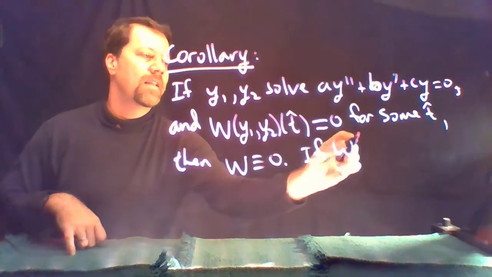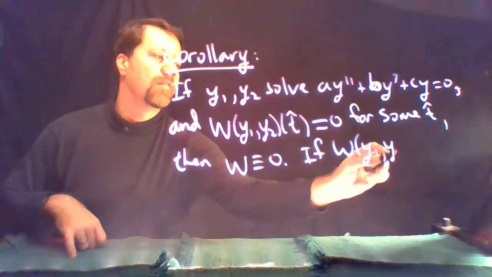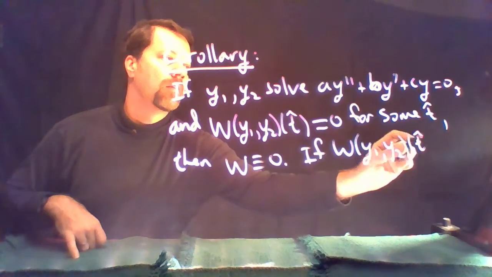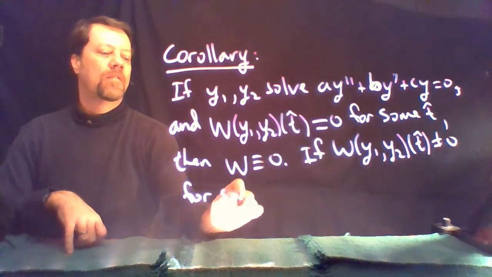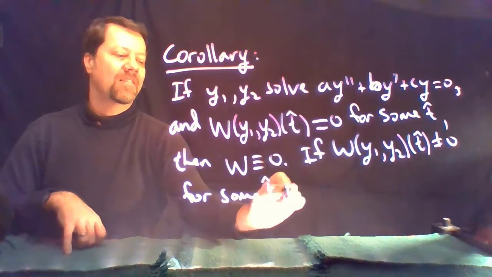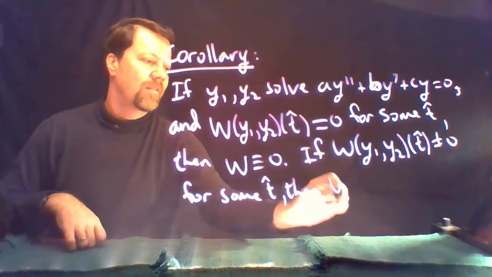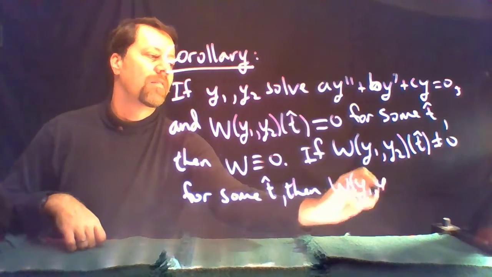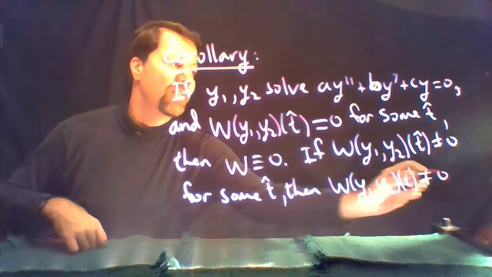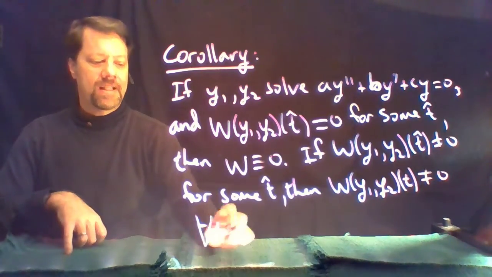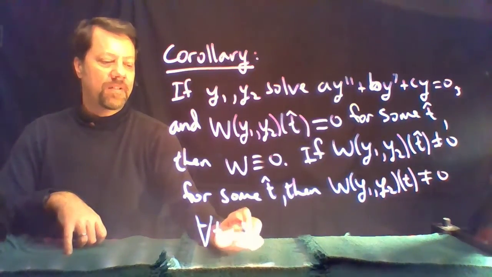If the Wronskian is not 0 for some t hat, then the Wronskian is not 0 for all t within the interval of solution.